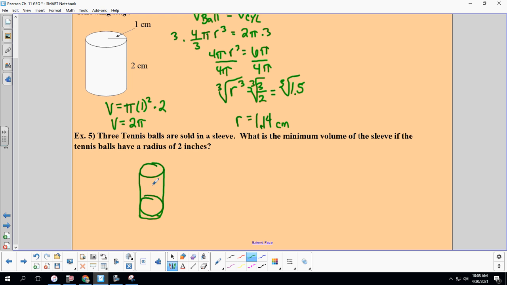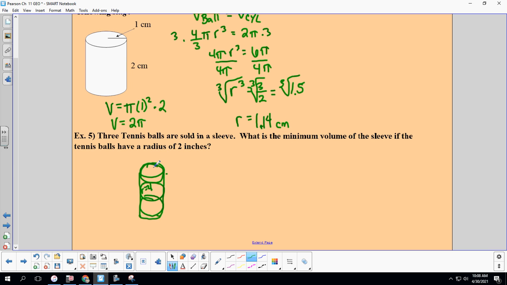We have 3 of them, 2, 3, chilling in there. The tennis balls have a radius, so from center, of 2 inches. To find what is the minimum volume of the sleeve if the tennis balls have a radius of 2 inches.